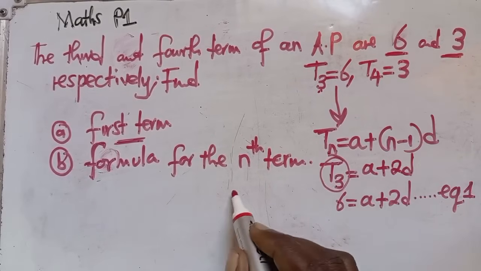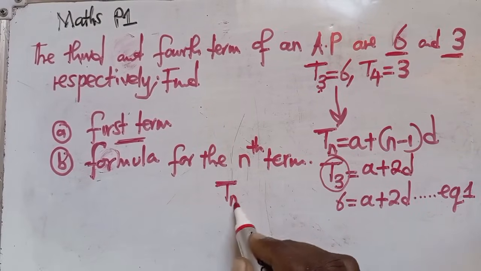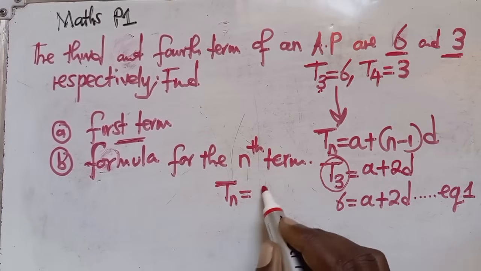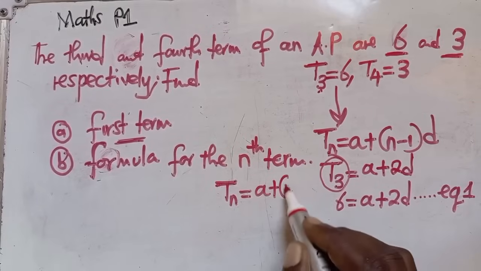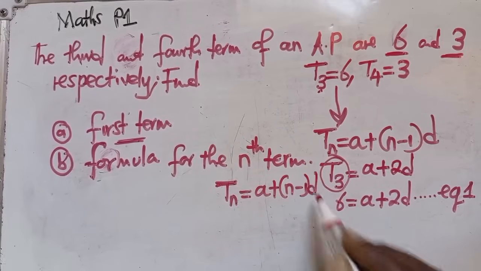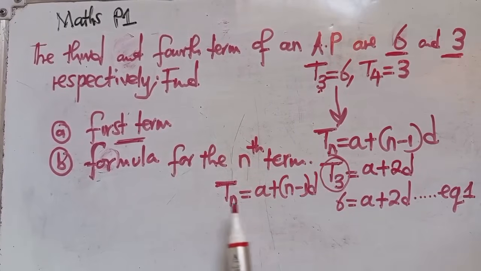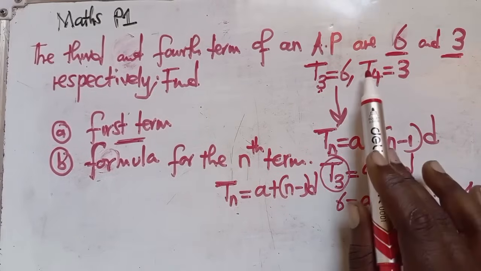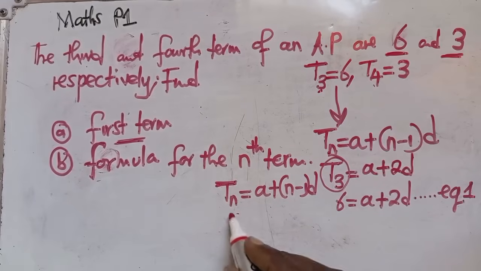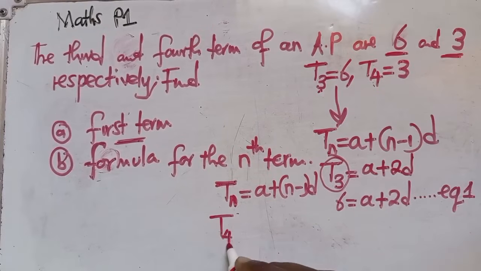I go to the next one and write the same formula: Tn = a + (n - 1)d. I do the same thing. T4 is equal to 3, and n is 4.